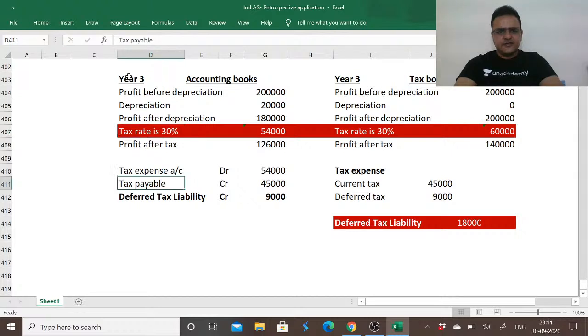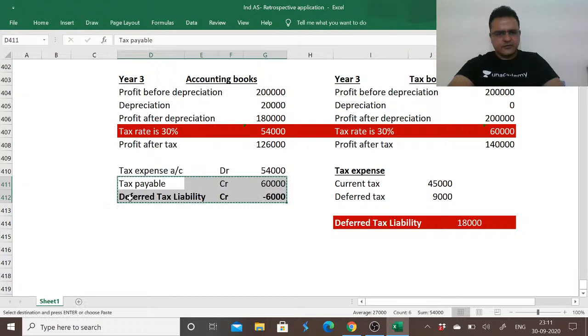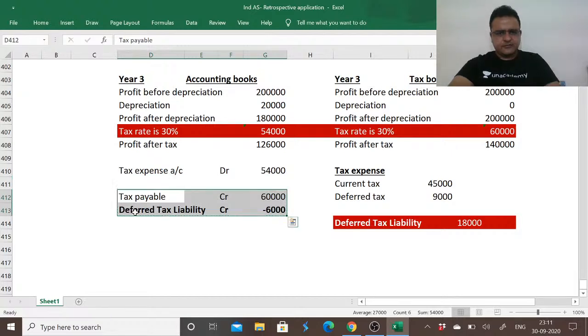So suddenly the tax payable is 60,000, against an expense of 54,000. So there is a difference of 6,000 this year.